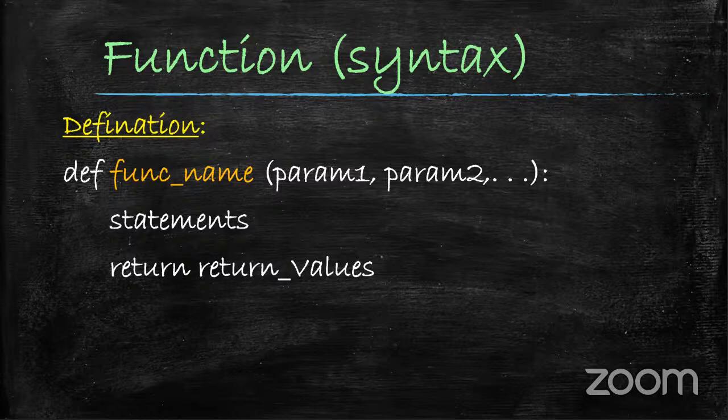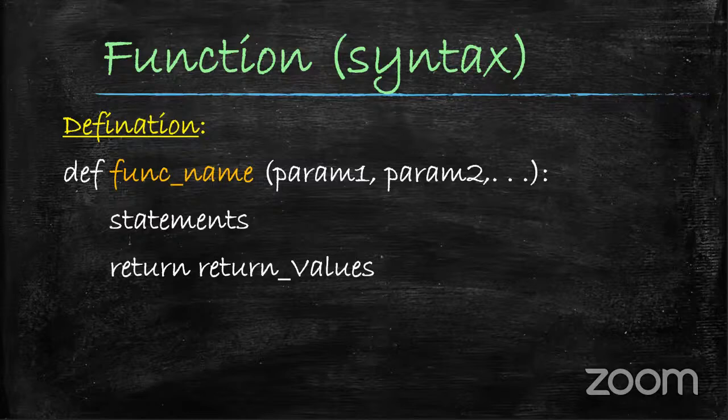Then colon. It says the block of statements which are part of this function will start from the next line. Then you have the statements, basically all the statements inside a function. Then return the return value. Whichever value you want to return, you can return that particular value. And as soon as you write return, the function is over. That is clear?